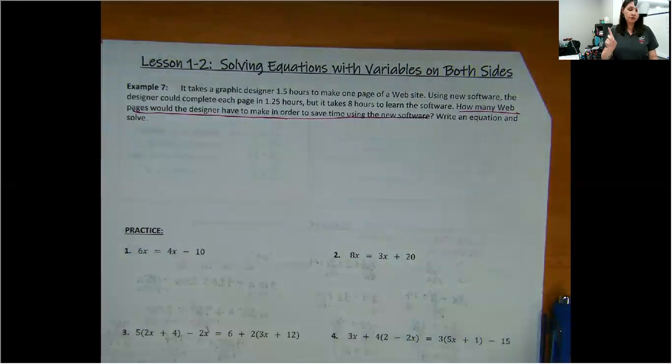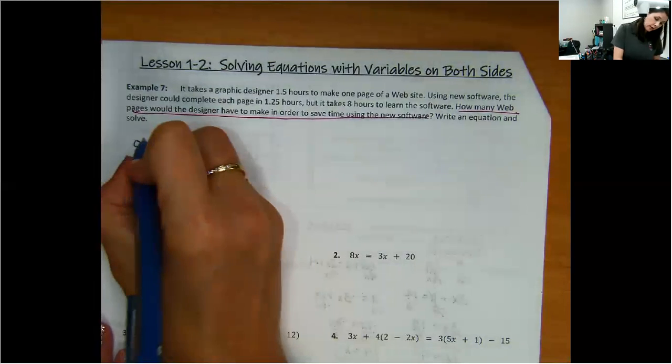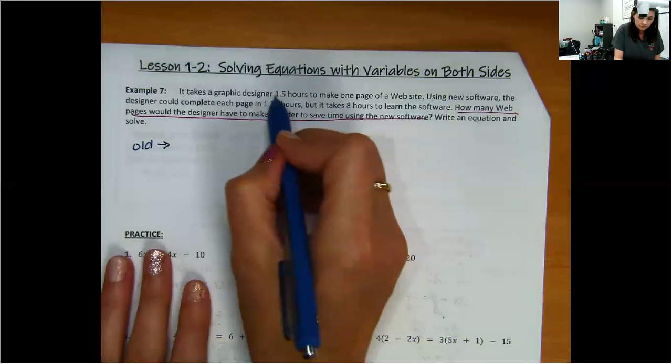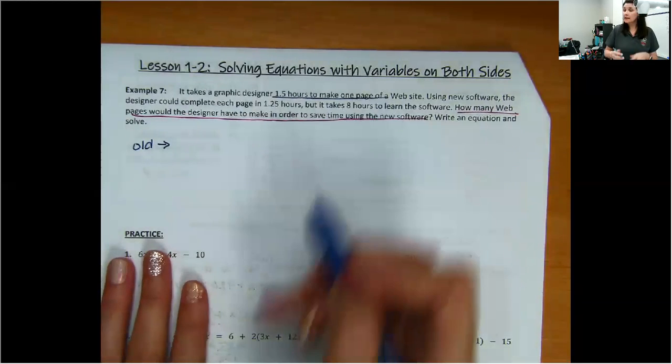The first thing we're going to do is look at the old software. What is our expression for the old software? It is 1.5.